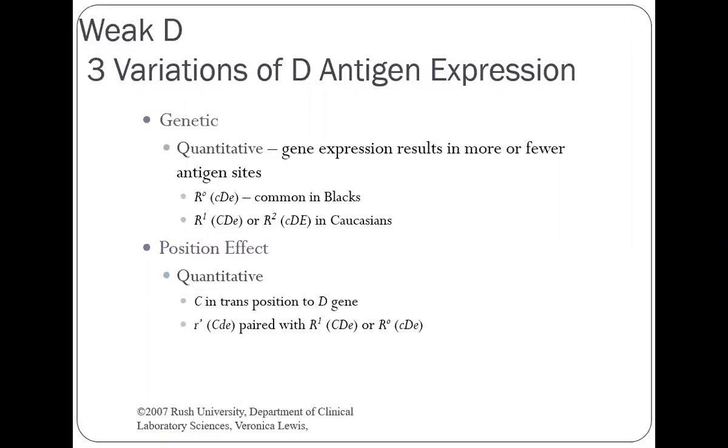So we're talking about inheriting 2 haplotypes, one from each parent, and one parent is inheriting the big C. So you'll see here they're pairing an R prime, or the big C, little d, little e, with a R1 or R0. So you'll notice that the D antigen is technically on the one haplotype, and then your big C is on the other haplotype. That's putting them in a trans position, and that can result in a weakened expression of your D.